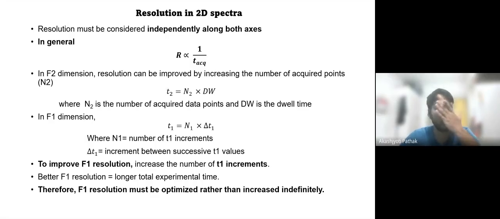Okay, so now another concept that was discussed is how do you increase the resolution in a 2D spectra? When we are talking about resolution in 2D spectra, we have to consider both the F1 dimension and the F2 dimension. So in general, what is the general rule? As you increase the acquisition time, your resolution will improve.